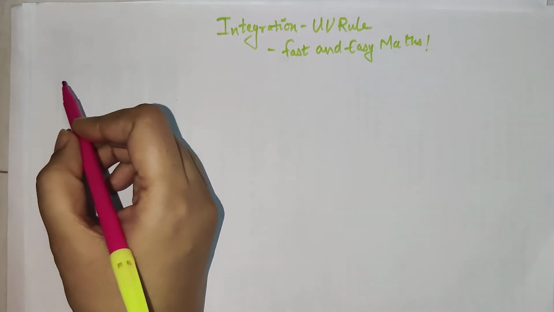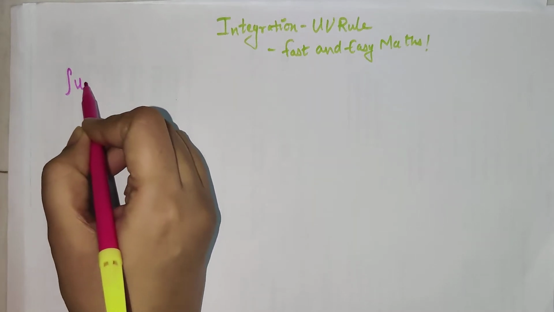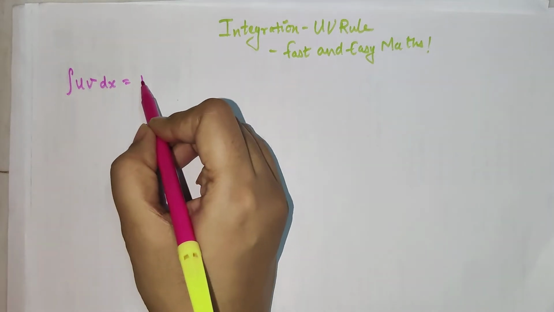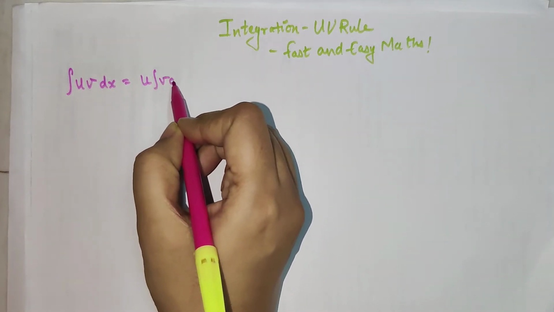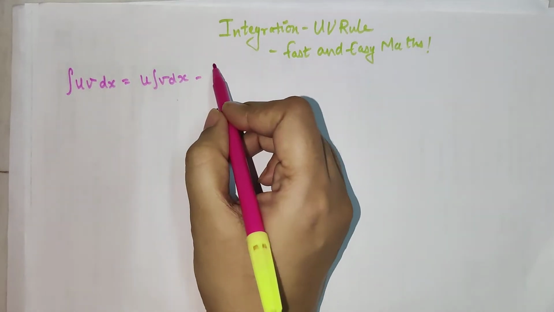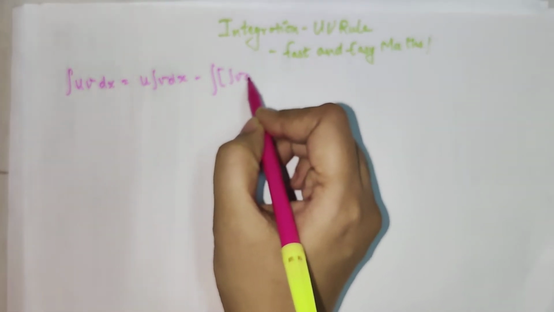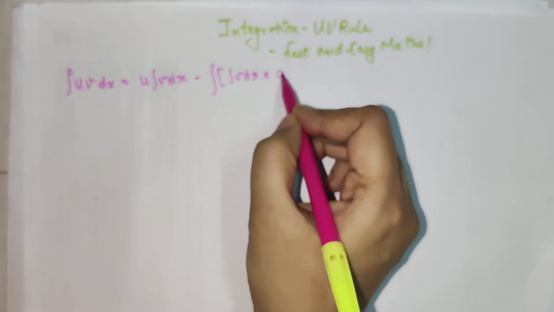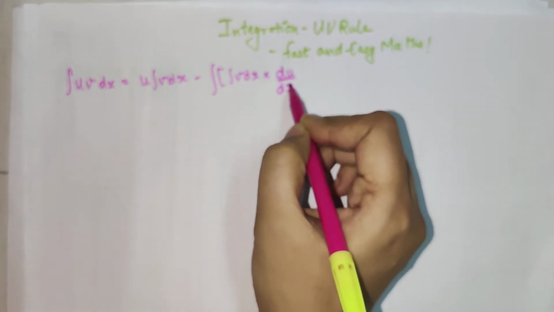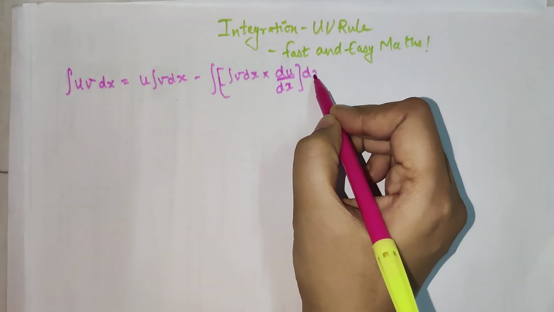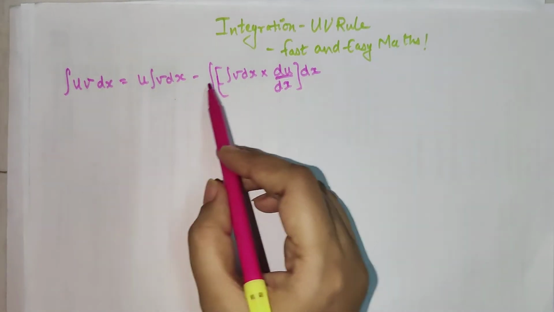Now the U into V rule: integration of U into V dx can be written as U times integration of V dx, minus integration of [integration of V dx into differentiation of U], the whole integrated with respect to x.